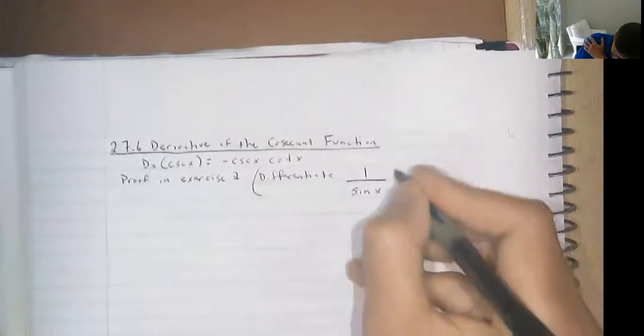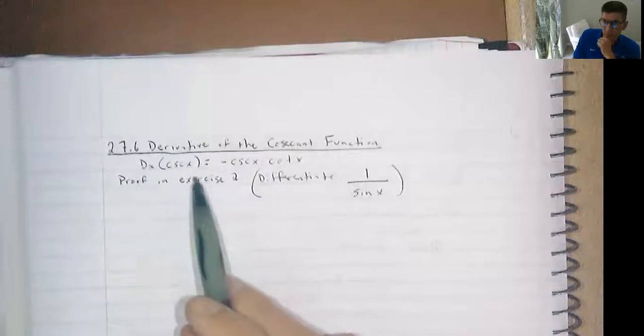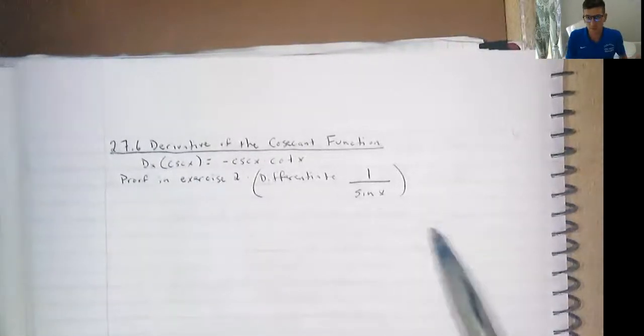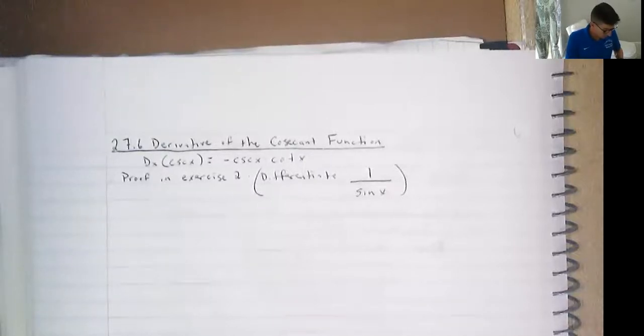And again, I'm going to leave it to you in exercise 2. But the idea is simple. You're going to differentiate one over the sine of x, because 1 over the sine of x is, of course, the cosecant. And applying the quotient rule to this should yield that if you do some trickeration, as we did with the proof of the derivative of the secant.